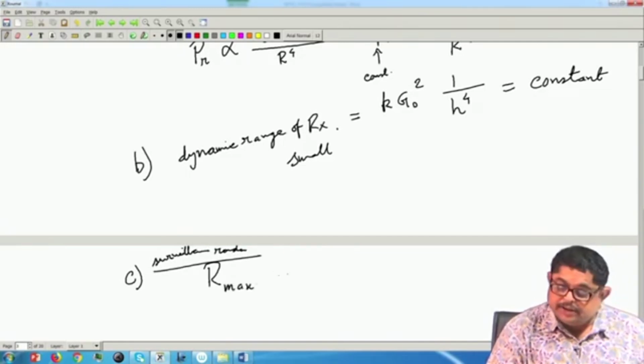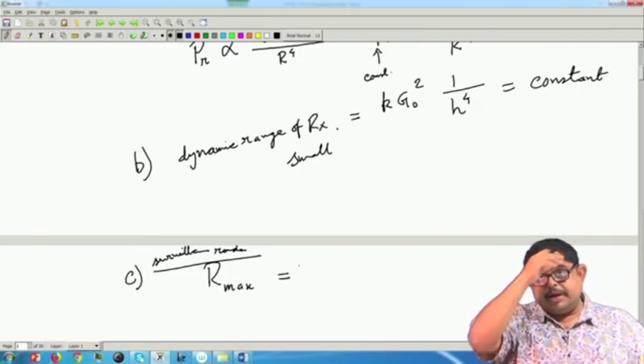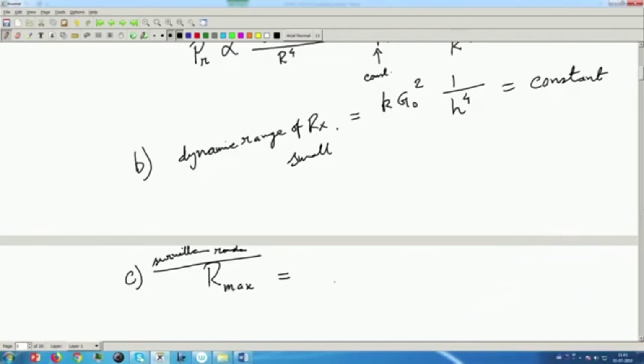Now from this equation you can see what R max is. R max is some constant k dash into cosec theta for PR fixed.